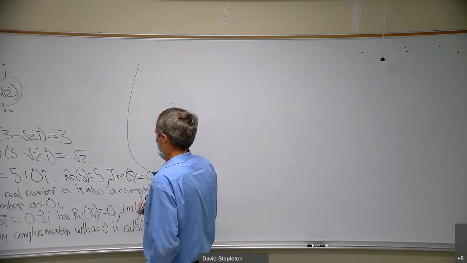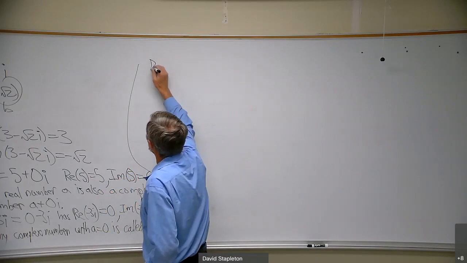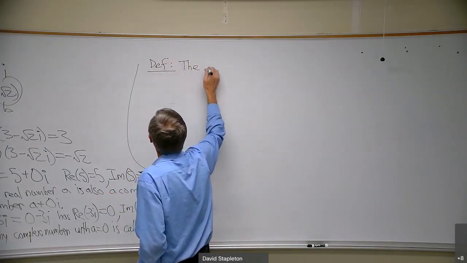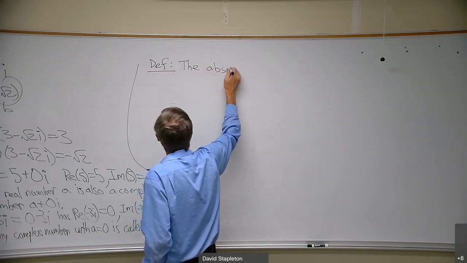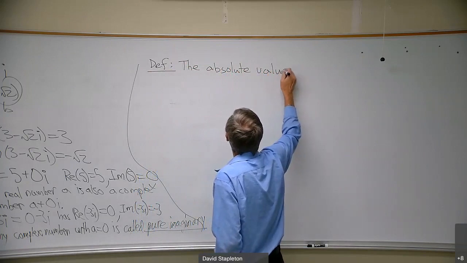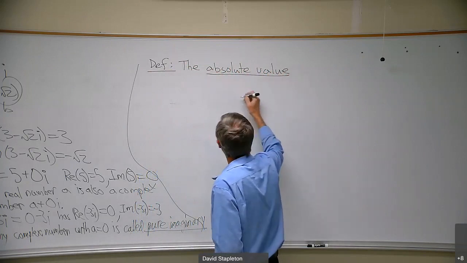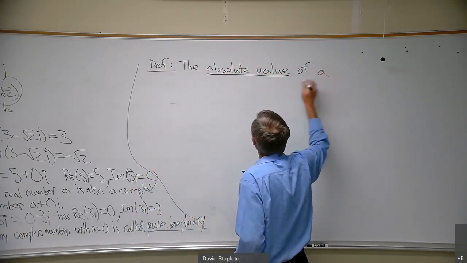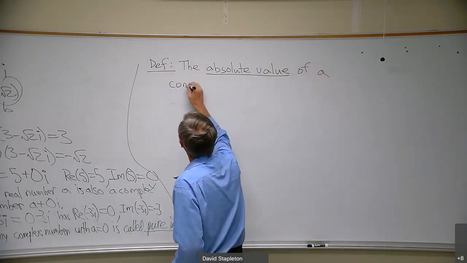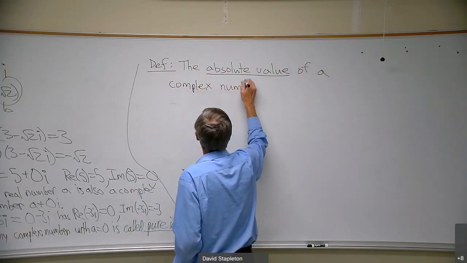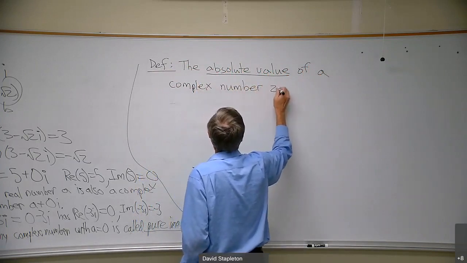All right, so now the next topic is this. We'll make a definition. The absolute value of a complex number, z equals a plus ib.